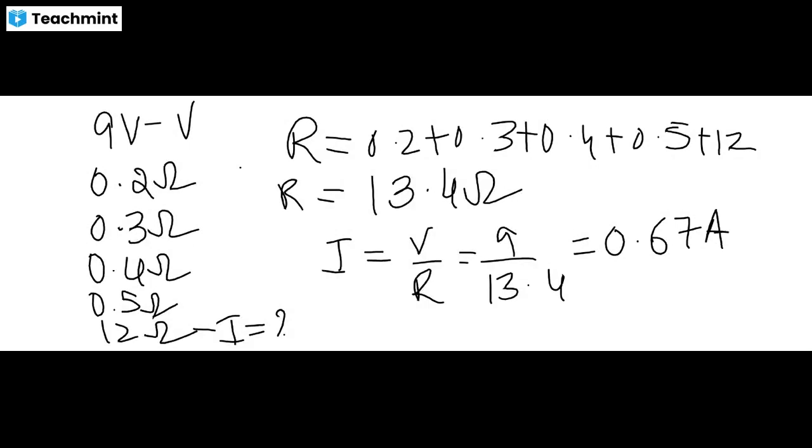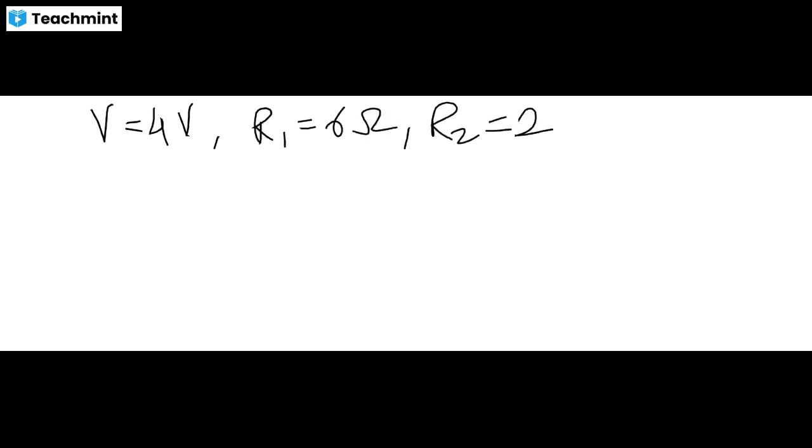Then next question: a potential difference of 4 volts is applied to a circuit in which resistances R1 of 6 ohms and R2 of 2 ohms are connected in series.